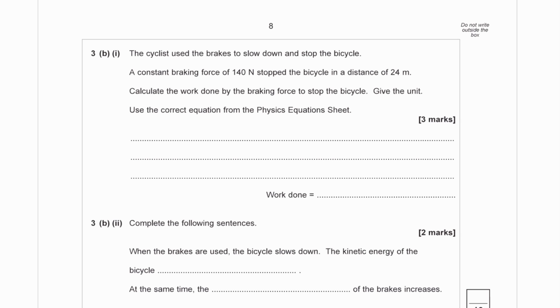Alright, so it tells us to use the correct equation from the physics sheet. Obviously, don't like having to revert to those, but if you need to look at it, then do so. Now, work done is equal to force times by the distance in the direction of the force, right? Now, all we need to do is plug our units in.